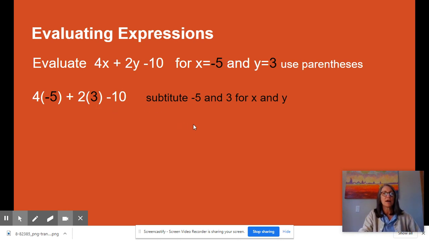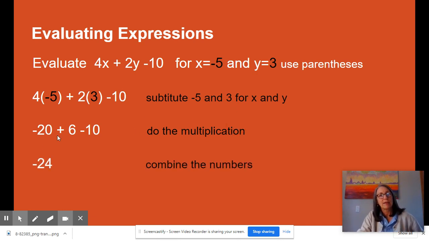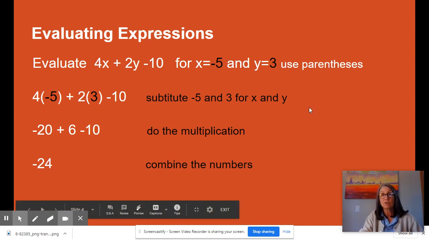First thing we want to do now is to multiply, and we'll get negative 20 plus 6, the quantity 2 times 3, and minus 10. So we've got to do all our multiplication first. Aunt Sally says so. And then we combine the terms to get negative 24.